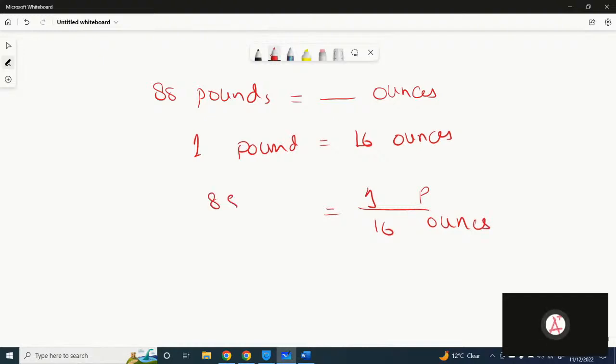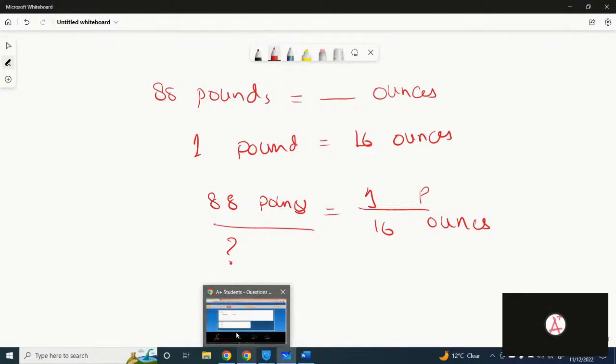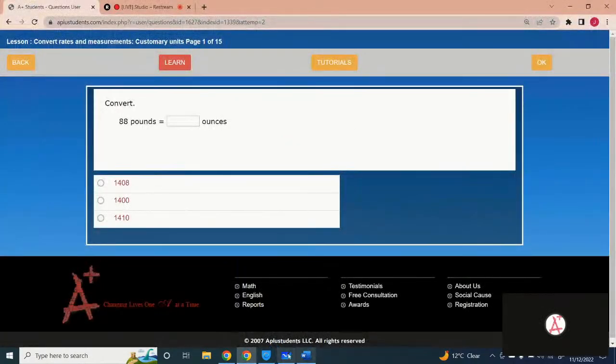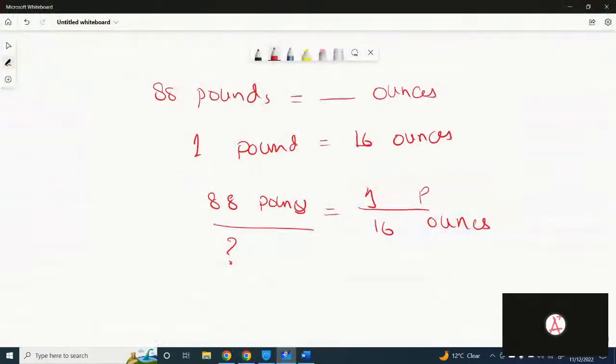Then you have 88 pounds. You have to find how many ounces. Got it? So here you have 1 and here you have 88. You have to make 88 here. 1 times 88 is 88.